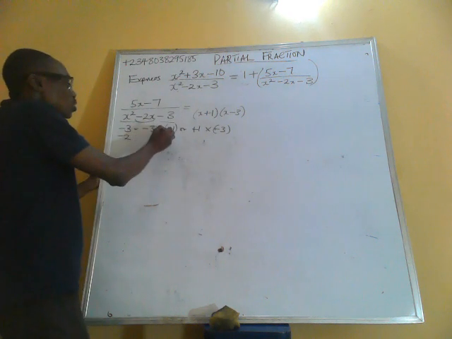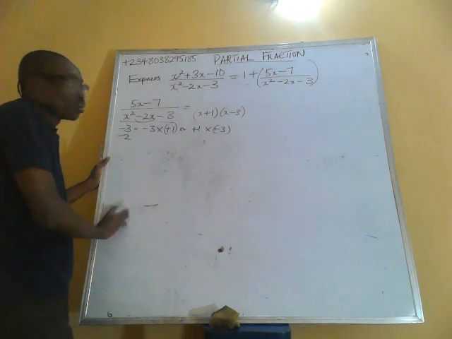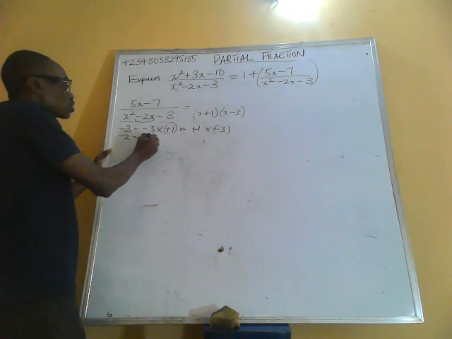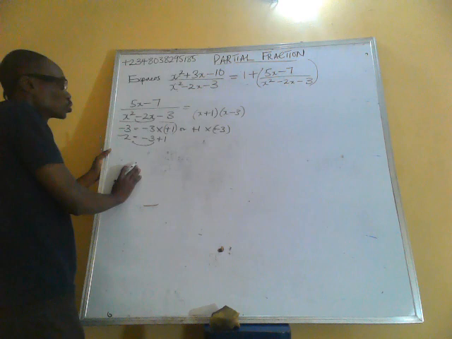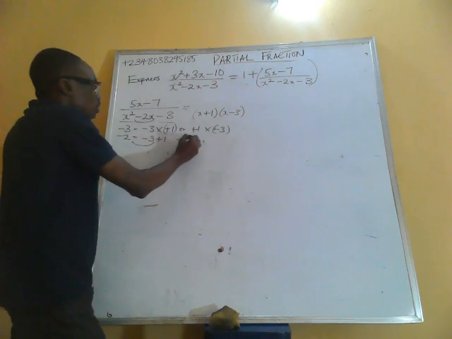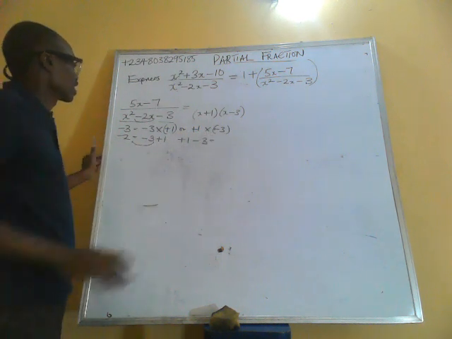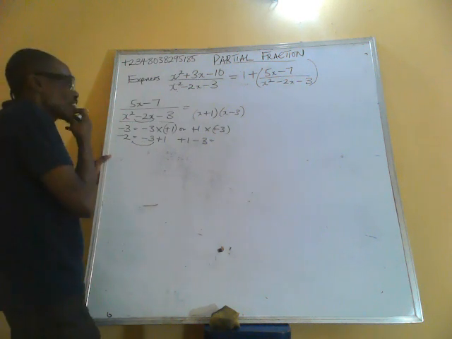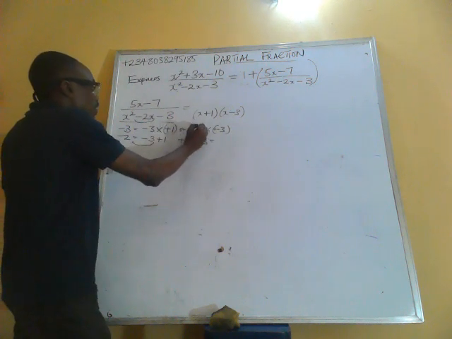So you have minus 3 times plus 1 or plus 1 and minus 3. Minus 3 times plus 1 gives you minus 3. Plus 1 times minus 3 gives you minus 3 as well. But which of them when combined together is going to give you minus 2? Let's see. Minus 3 plus 1 gives you minus 2. Sorry, this was supposed to be plus 3 minus 1.